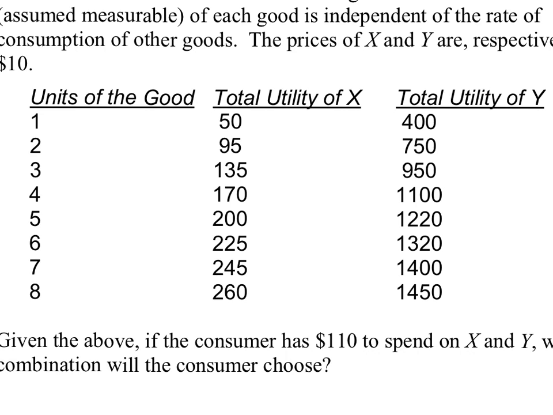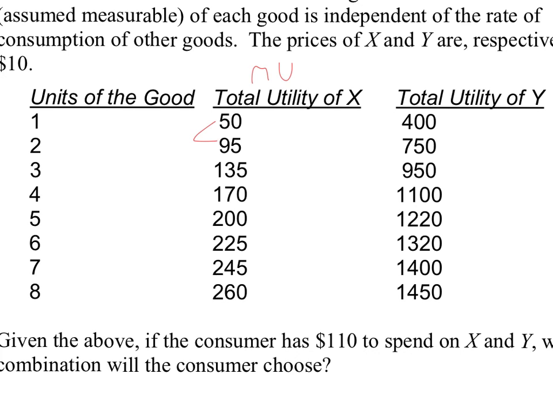Let me enlarge this so that we'll have plenty of real estate to write on here. The first thing we want to do in applying the equimarginal principle is to convert total utility to marginal utility. And so marginal utility is just the change in total utility as we move up incrementally from one unit to the next.